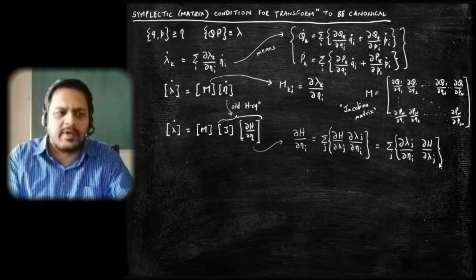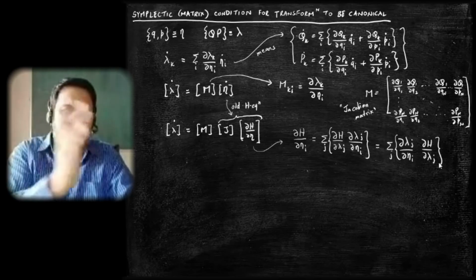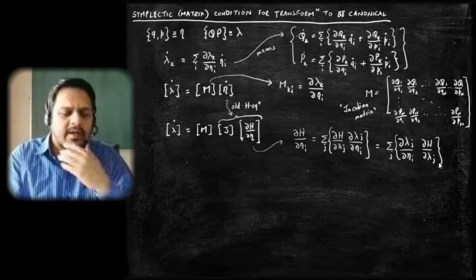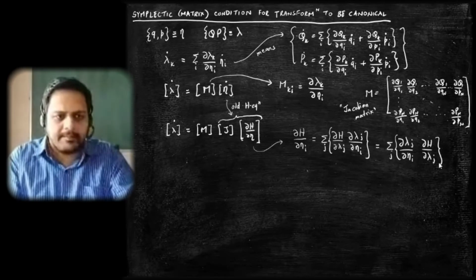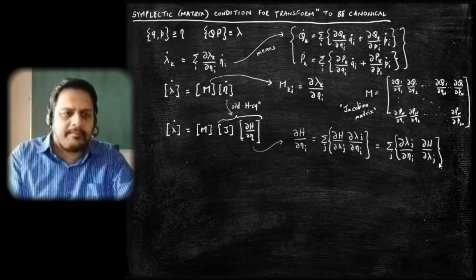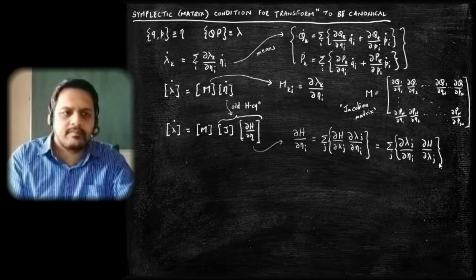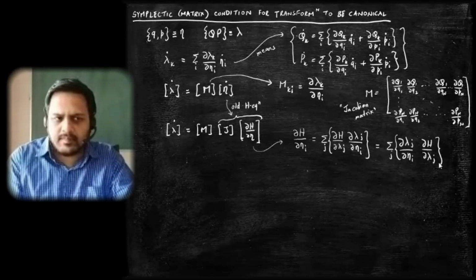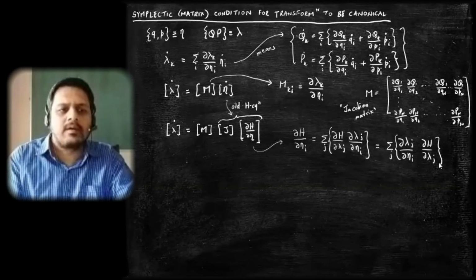The Hamiltonian term comes later and the partial derivative, the ∂λ_j/∂η_i comes earlier. Okay? Is this okay? Is this fine? Yes, no?